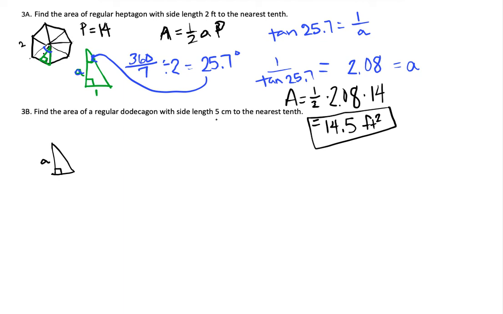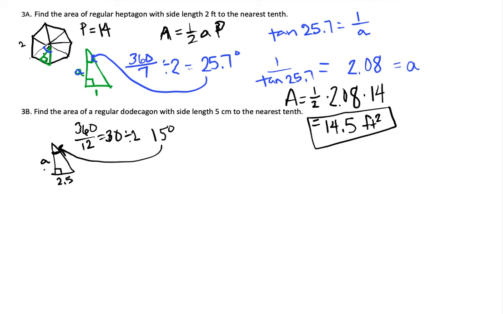If the side length is 5 centimeters, that means this part right here is 2.5. And we can find the angle because it's 360 divided by 12, which is 30, divided by 2. So I have 15 degrees right here.